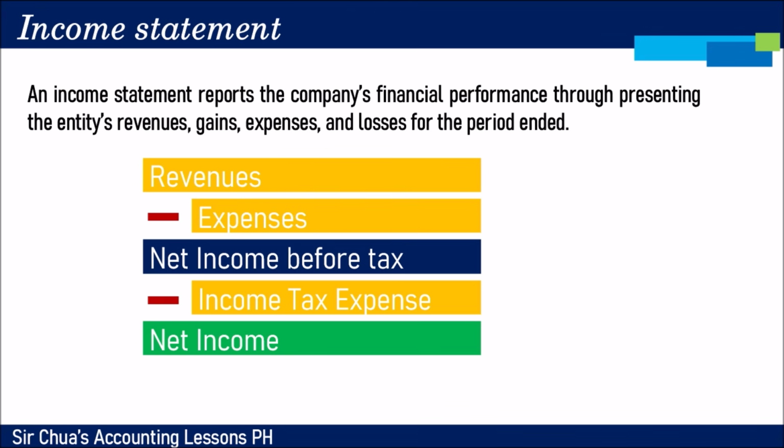However, in our discussion today, we will not be computing for taxes for now, because there is a separate lesson where we will be preparing and computing taxes. So let's assume for today that revenue minus expenses is net income. And that's the end point for the discussion today. Revenue minus expense, net income. Doon lang tayo.